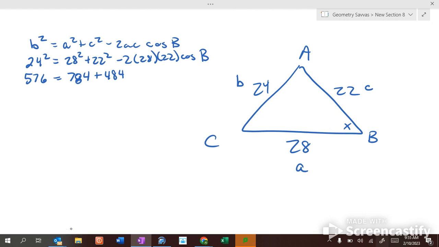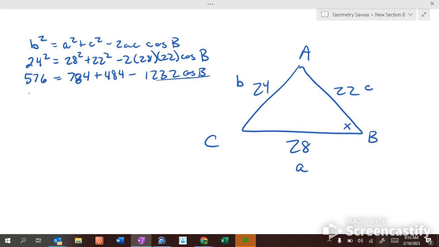So 2 times 28 times 22, I don't know what that is. It's like 1024 or something like that. 1232? Okay. Cosine of B. Okay, we need to get cosine of B alone. It's multiplied by this, so we cannot add or subtract this to this.